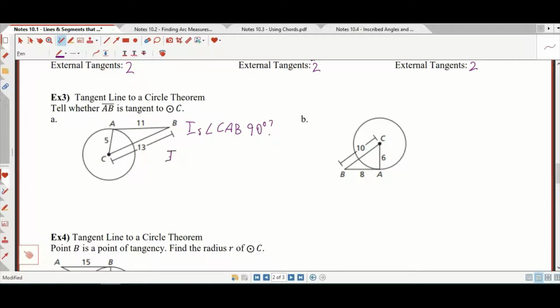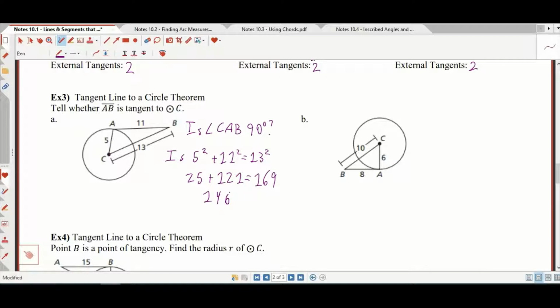That is, is 5 squared plus 11 squared equal to 13 squared? Well, I don't know. Let's find out. 5 squared is 25. 11 squared is 121. And 13 squared is 169. 25 plus 121 is 146.